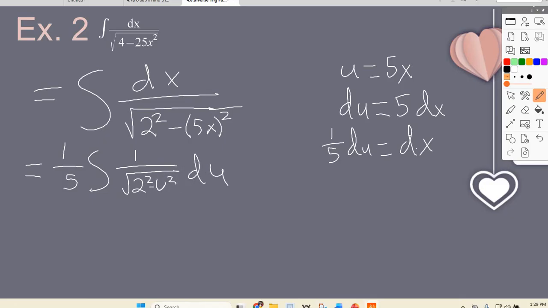So now, does that look like our formula from the first page? Yeah.